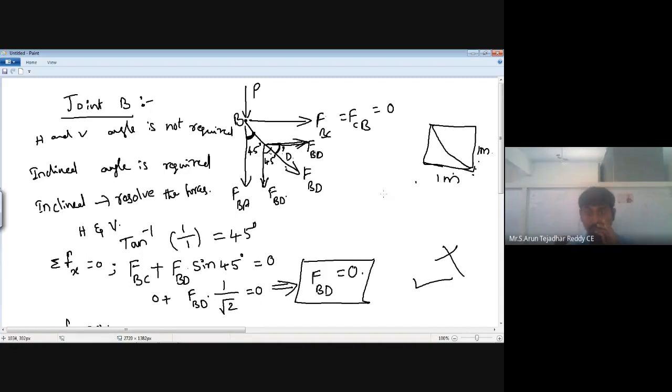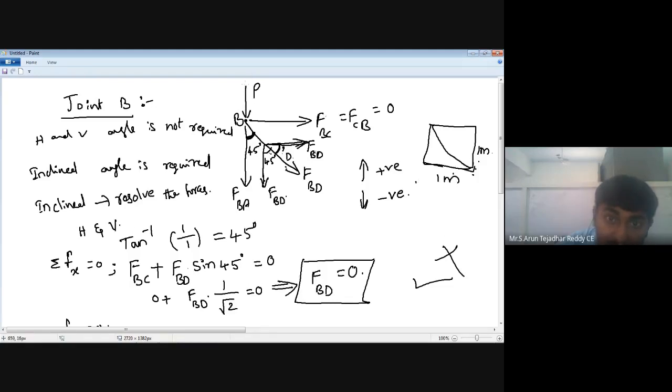When it is going upward, it is positive. Downward direction, take negative. Your load is acting downward, so take negative. Next, from B to A, this is also a downward direction. From B to D, this is also a downward direction. So all take negative only.